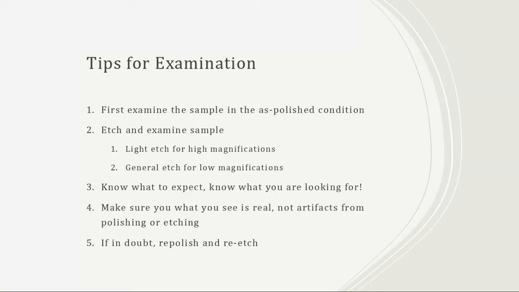Meaning, are they part of the sample, or are they just an anomaly where if you clean the lens, they're gone? There's ways that you could address that to tell if something is on your sample or not. And worst case scenario, if in doubt and you don't think you did a good job on either the polish or etch process, repolish and etch it again.